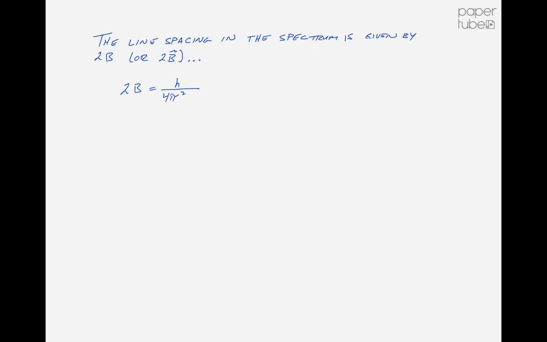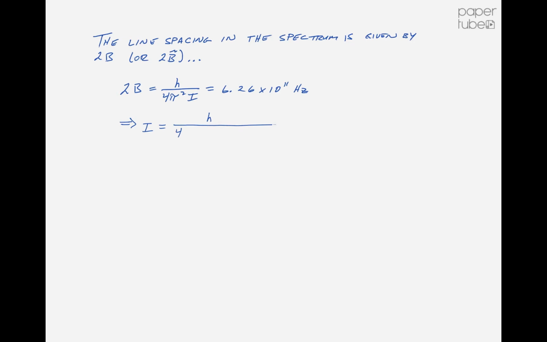So from the problem setup, we have that the line separation, again equal to the value of 2 times the rotational constant B, is 6.26 times 10 to the 11 hertz, which is also equal to h on 4 pi squared times the moment of inertia I.